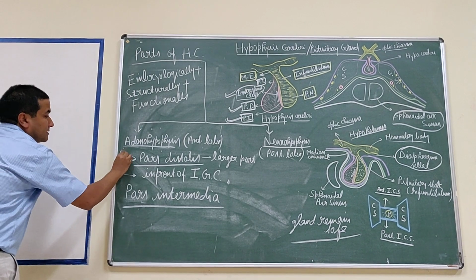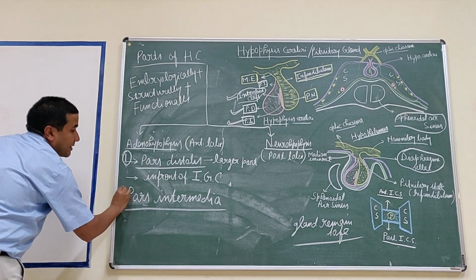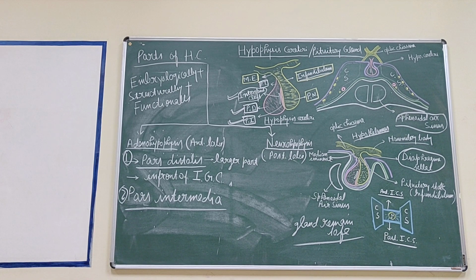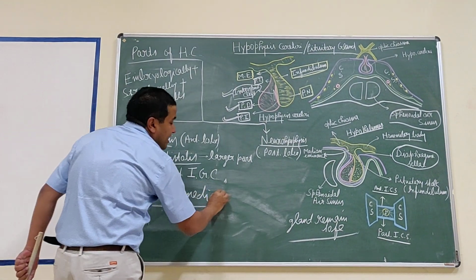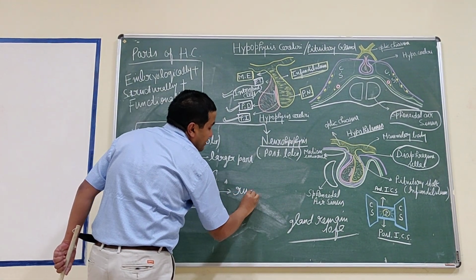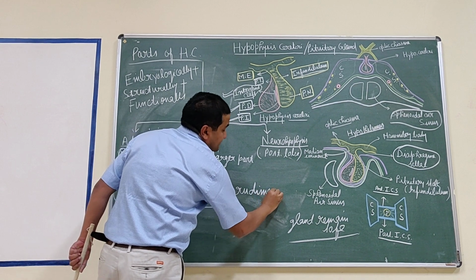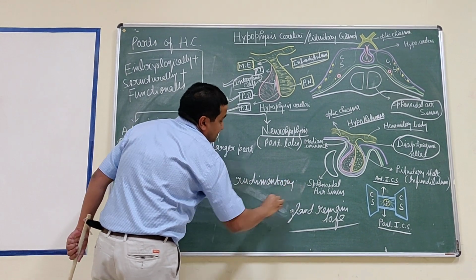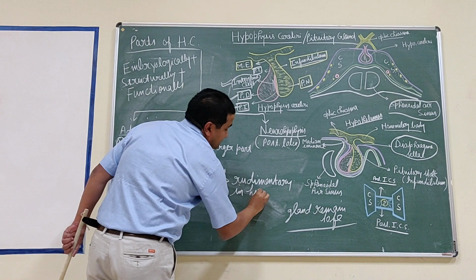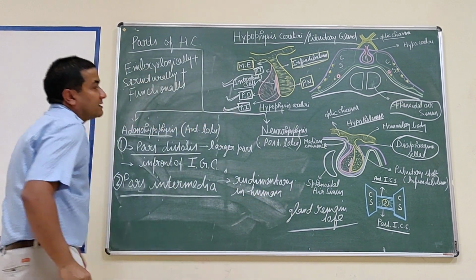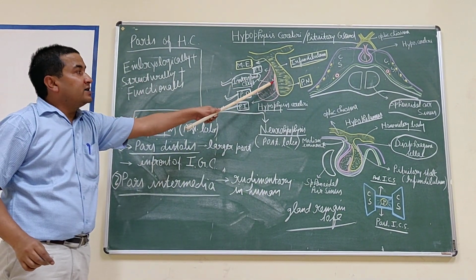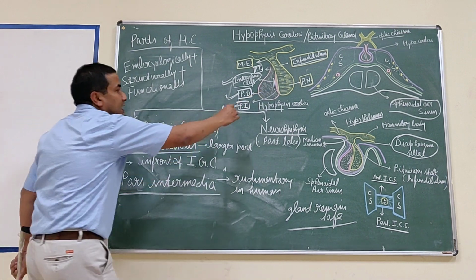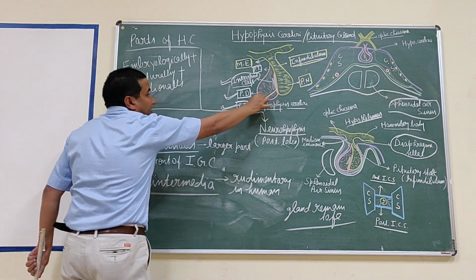This is the first part and this is the second part, pars intermedia. This pars intermedia is rudimentary in humans, and it is situated behind this intraglandular cleft.